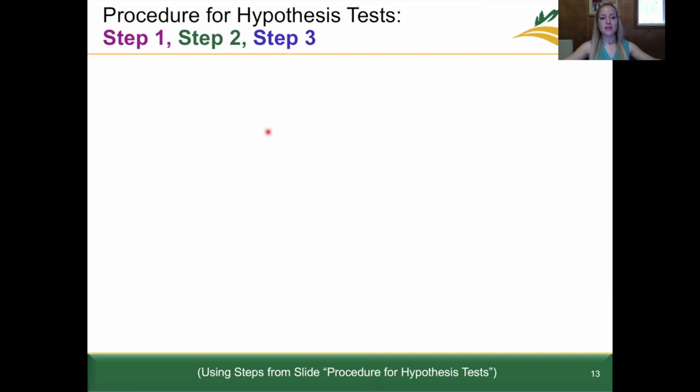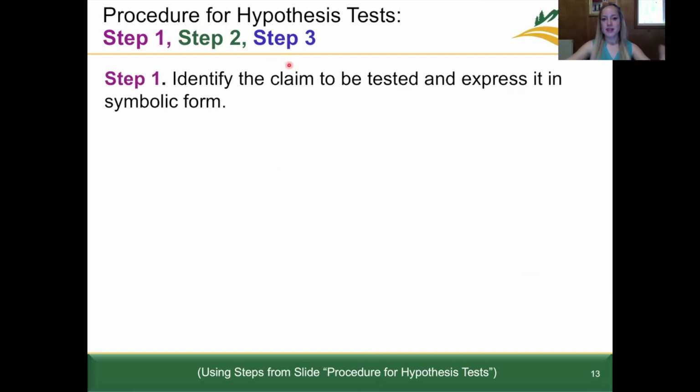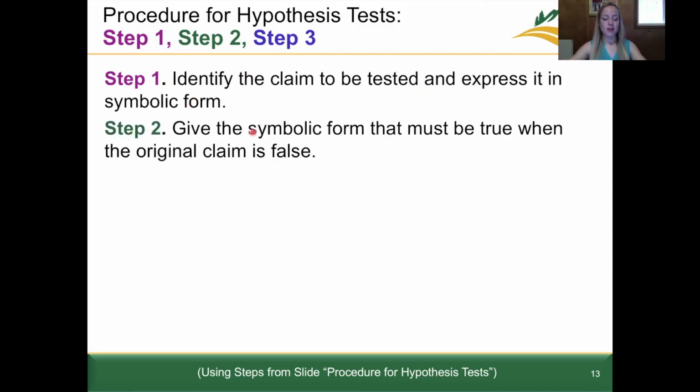Let's talk specifically about step 1, step 2, and step 3. In step 1, we will identify the claim to be tested and express that in symbolic form. And again, the format of this section is we'll talk through each step, then we'll apply each step to our drone example from the beginning. Step 2 is give the symbolic form that must be true when the original claim is false.